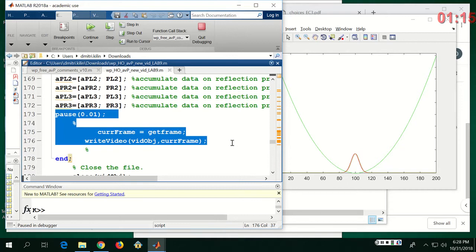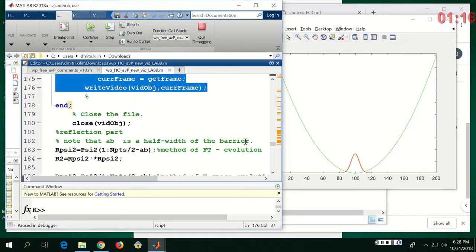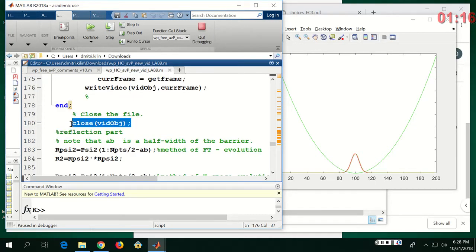I think Bill was explaining it to everyone last time, and if everyone was not too tired and attentive to Bill, we all should be masters of this video preparation, right? And after the loop has ended, you need to close this video object, right?